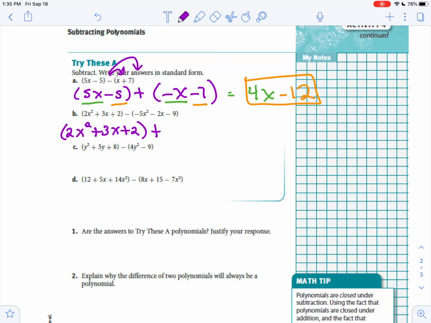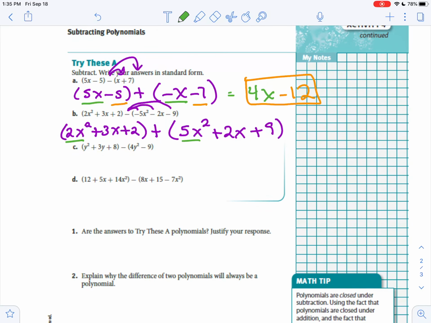But the second polynomial will change and everybody becomes its opposite. Negative times negative makes positive 5x squared. Negative times negative makes positive 2x. Negative times negative makes positive 9. So everybody changed to positive. Now we can combine like terms.